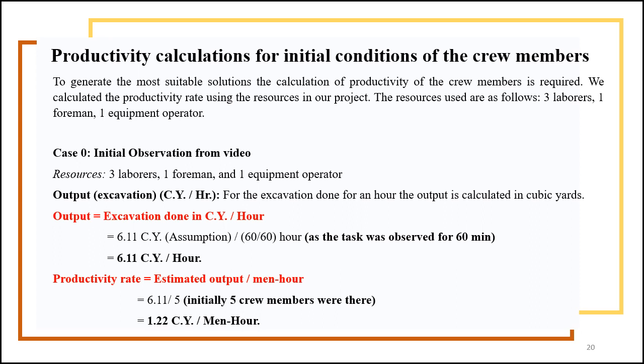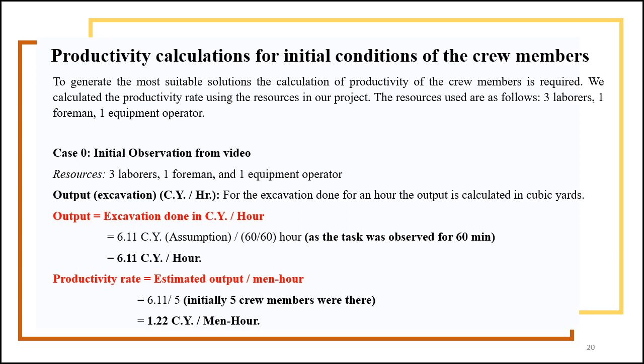Here in this slide, we have the productivity calculations for the initial condition of our case. To generate the most suitable solutions, the calculation of productivity of the crew members is required. We calculated the productivity rate using the resources in our project. The resources used are as follows: 3 laborers, 1 foreman, and 1 equipment operator.